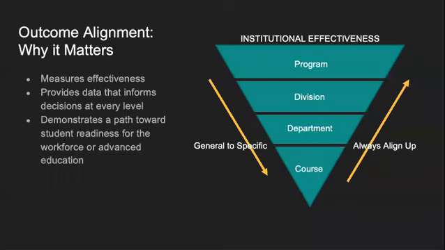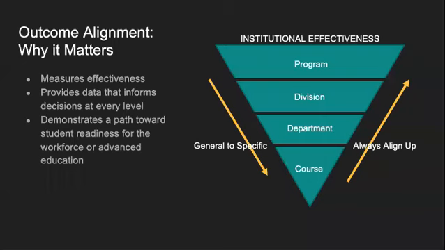Outcome alignment begins well before we design our individual courses and assessments and activities. Faculty-driven outcomes generally come as the final piece of a much larger assessment strategy that's designed to evaluate the effectiveness of courses, departments, divisions, and entire institutions, and how well they prepare students in any given degree program.